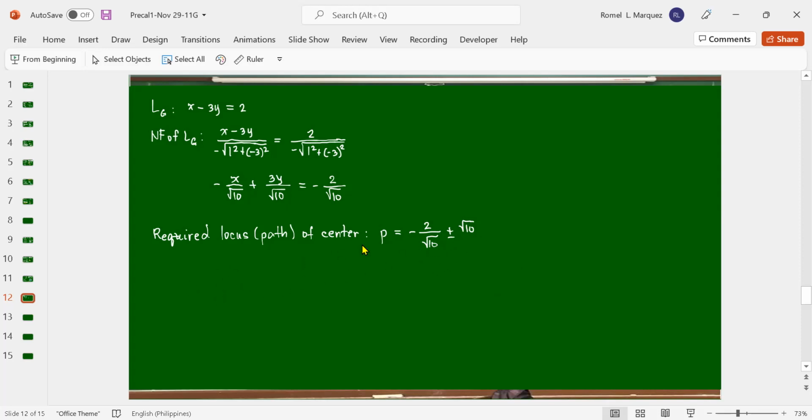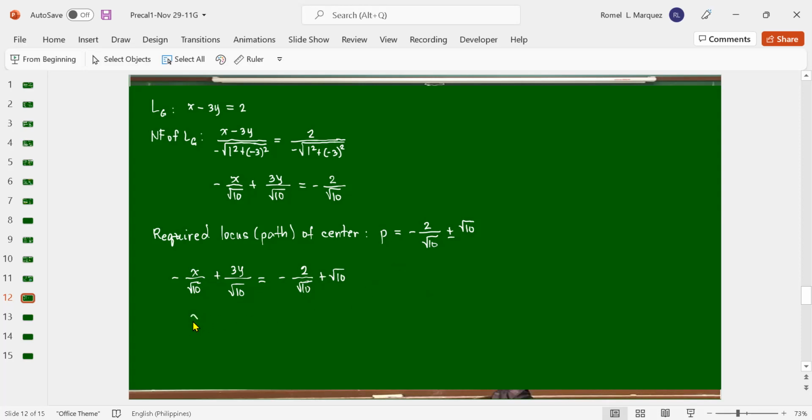Simplifying this, what is P? Let's just simplify it. So negative x over square root of 10 plus 3y over square root of 10 equals negative 2 over square root of 10 plus square root of 10.